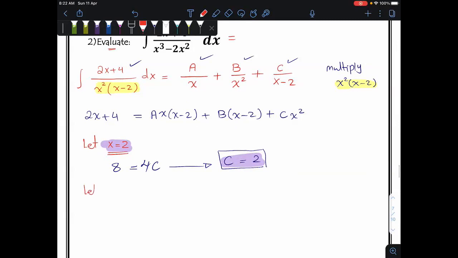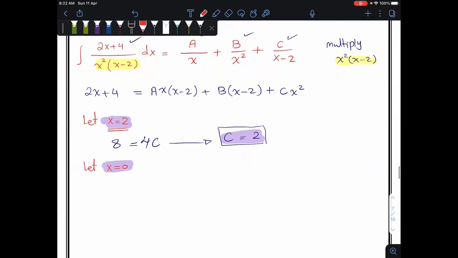Next step, we can let x equal 0. If we assume that x is 0, quickly, substituting 0 up here in this equation gives 4, and here gives 0, and here gives 0, and now in the middle we have the b. The b is negative 2b, and we can find b equals negative 2.